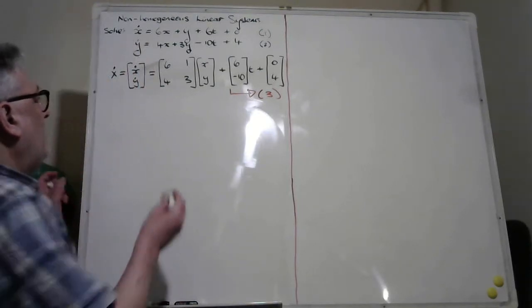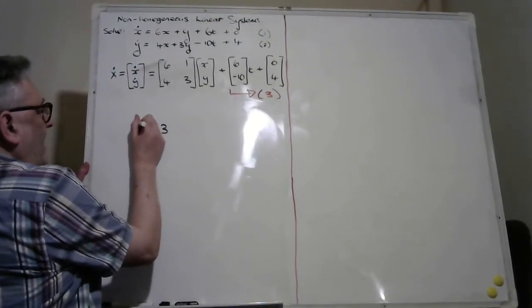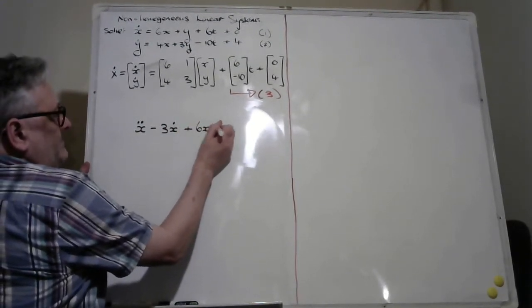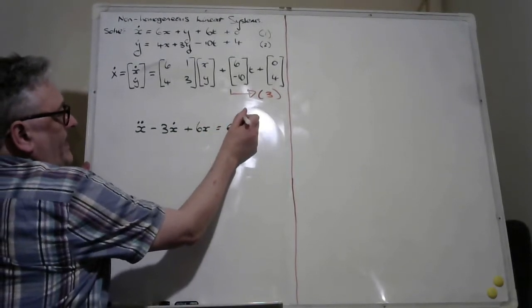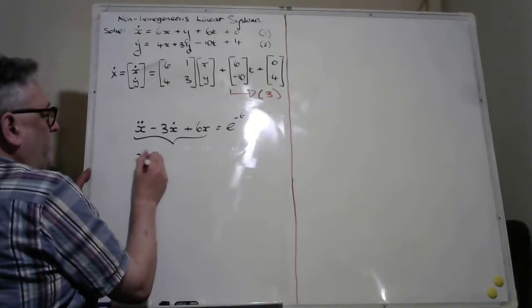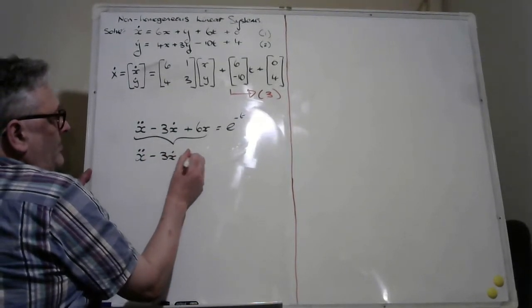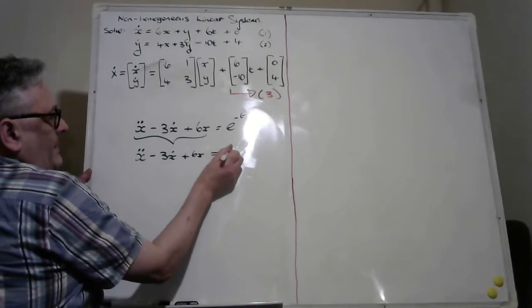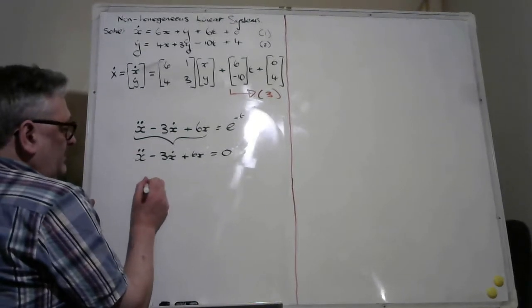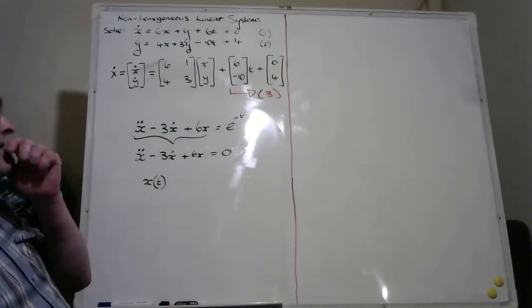So just to give you an example, if we had x double dot minus 3x dot plus 6x equals e to the minus t, you would first solve the left hand side, x double dot minus 3x dot plus 6x equal to 0, and solve as normal to find a complementary solution that would give you x in terms of time t.